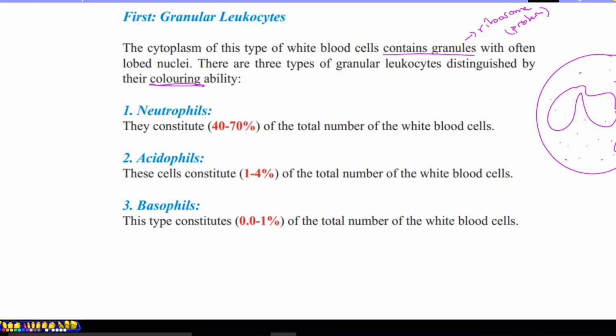So they are classified according to which kind of chemical substance helps us see this kind of cell under the microscope. If it can be seen using a neutral substance, we call them neutrophils; by an acidic substance, acidophils; or an alkaline, basic substance, basophils. Three types of what? Granular leukocytes.